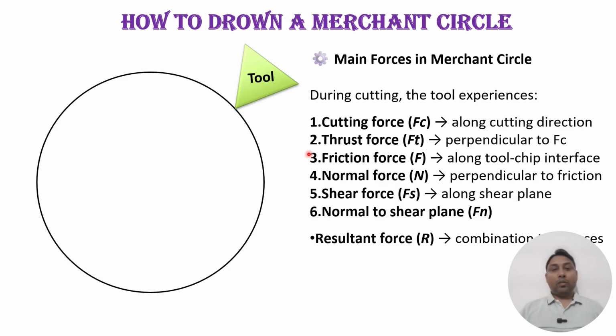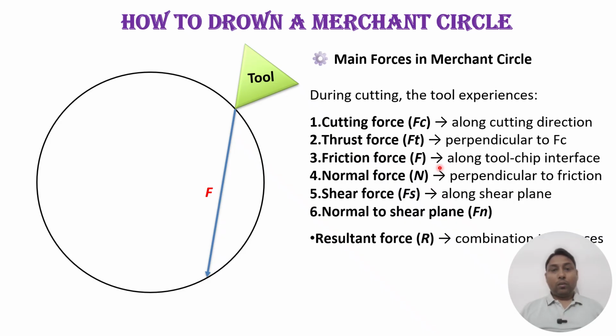Now this is the rake surface, and we know that along the rake surface the frictional force is generated in the downward direction. So we can draw the friction force in the downward direction. Now this is representing the friction force.